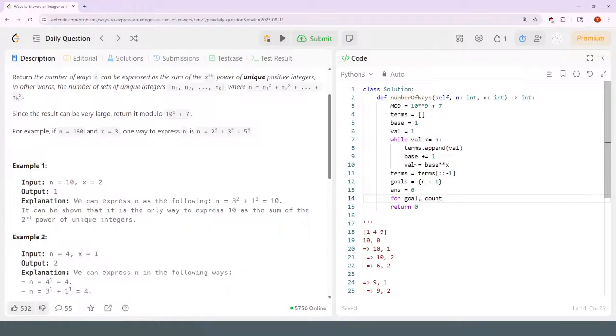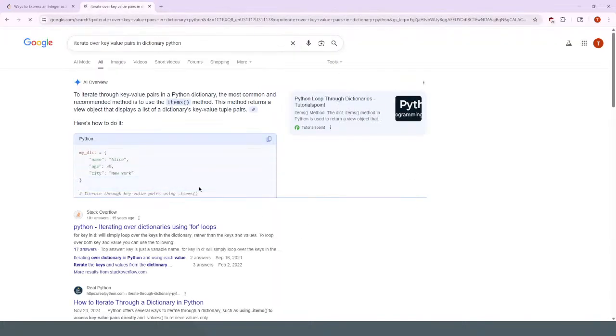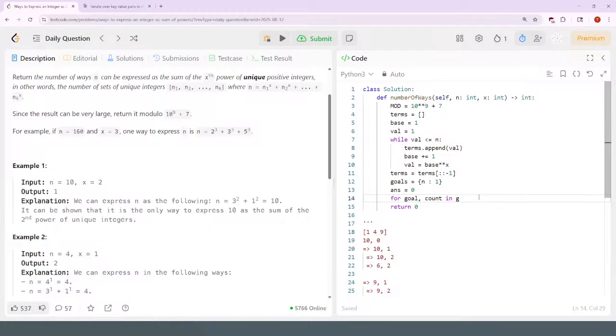Goal and count in... iterate over key value pairs in dictionary Python. What is the syntax here? Items, key value in goals.items.